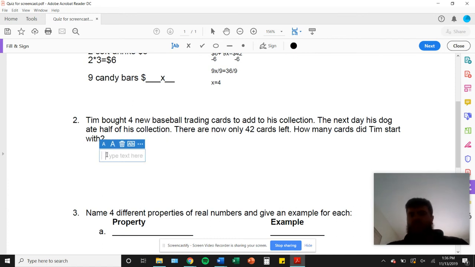Question 2 is almost the same thing, but I know there's a few of you here that are still struggling with this one. So Tim bought 4 new baseball cards, and he added that to his collection. Let's go step by step. He had 4 new cards to his baseball collection.